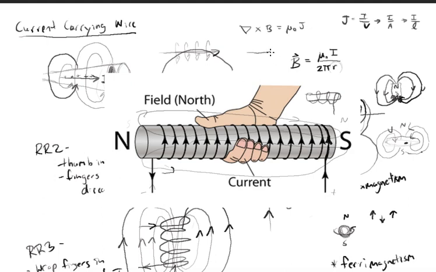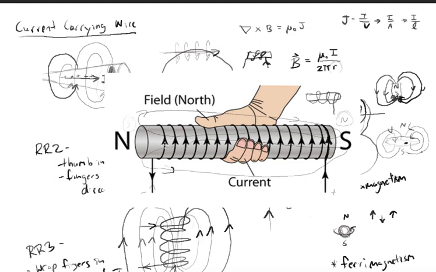So let's say we had our object like this, and it wrapped around the back and then over the front like this, and it wrapped over the front and behind the back. Okay? If it did more like that, and the current went this way, still going the same way from this right side to the left side, you'd still have to flip your hand around because now the current is wrapping the other way. And so that would change it so that this would be the north side, and this would be the south side.